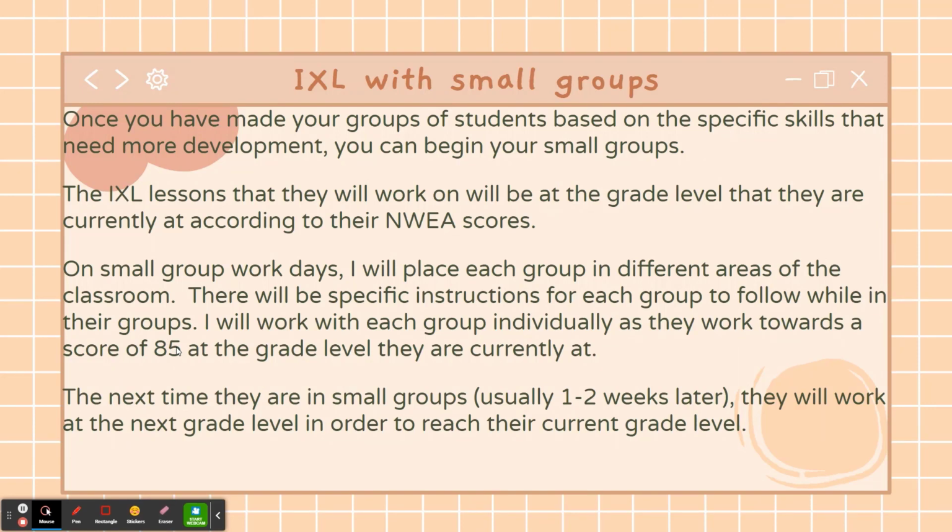The reason why I do that is, 1, I don't want them to get bored, but 2, it also breaks it up. It allows them to work at their own skill level on 2 days, and then sandwiched in the middle, they are using their grade level skills and applying it to their current grade. So that's why I do it that way.